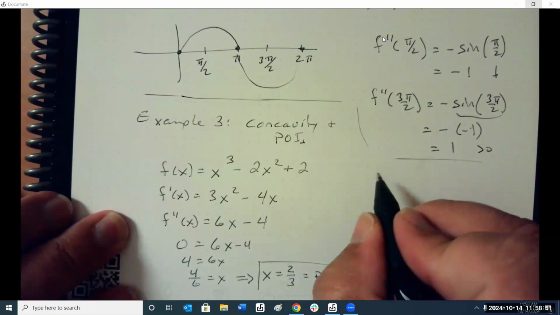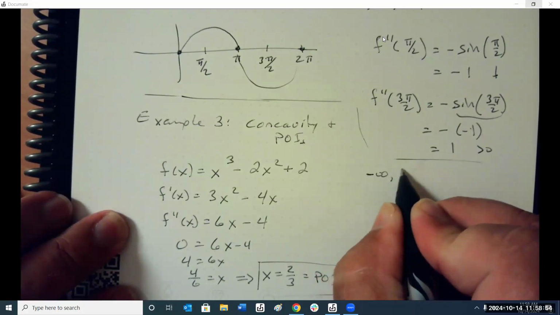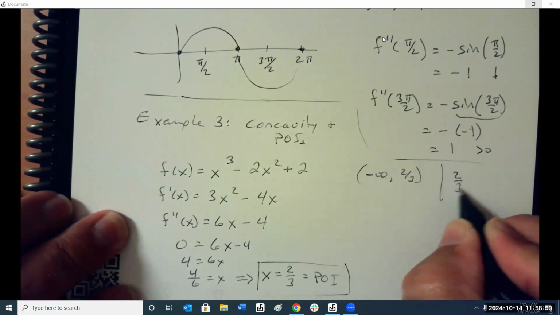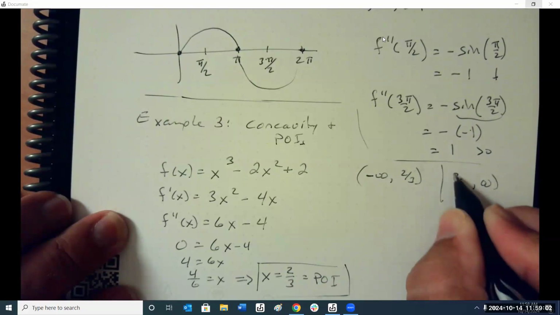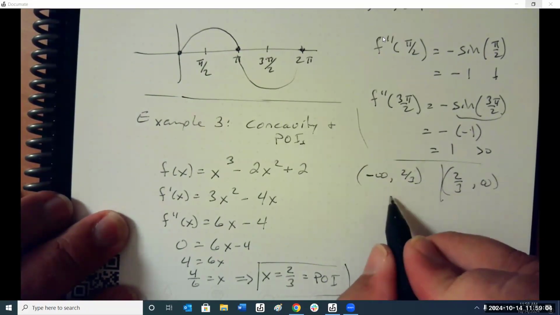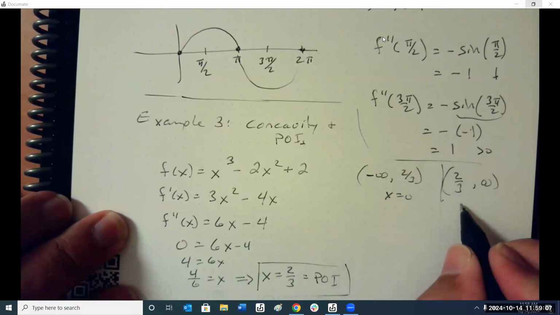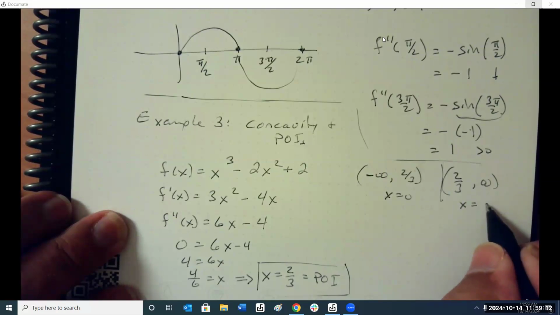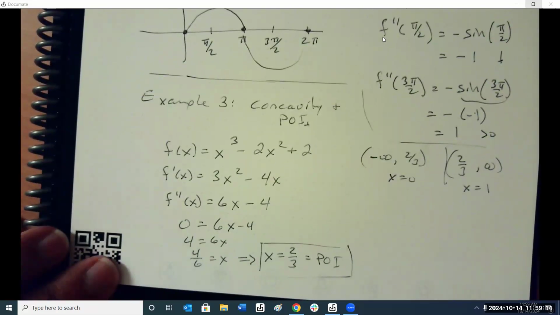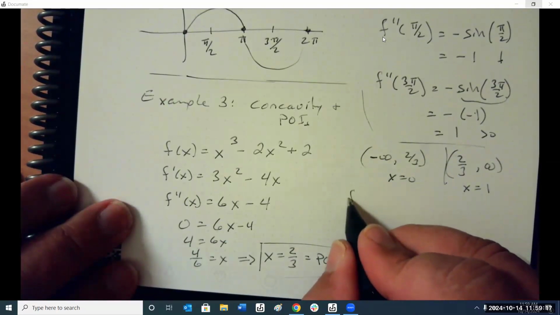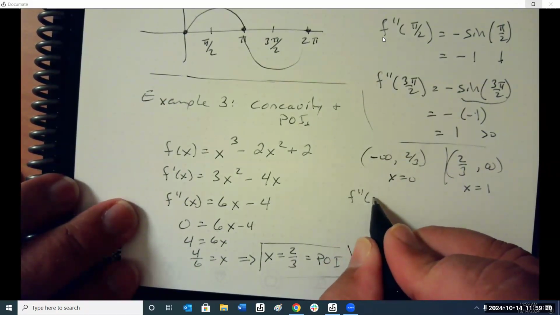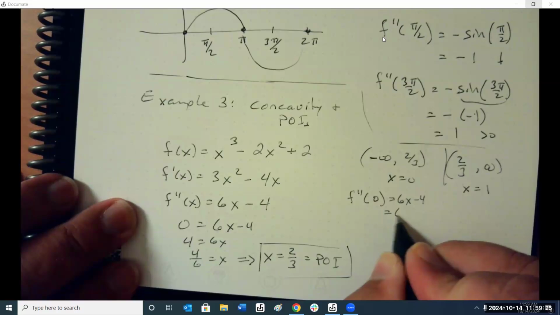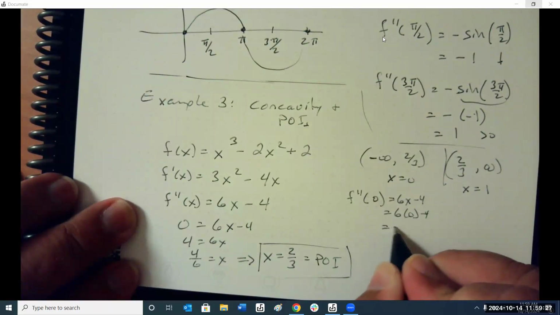What happens to the left of it? From negative infinity to 2/3, and then from 2/3 to positive infinity. So let's look at x equals 0 and x equals 1. Plug in the second derivative. 6x minus 4, 6 times 0 minus 4 is negative 4.